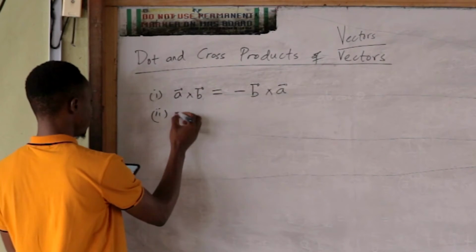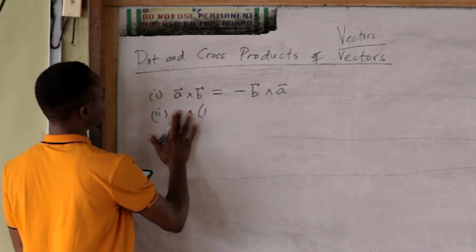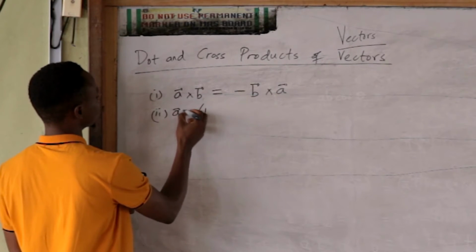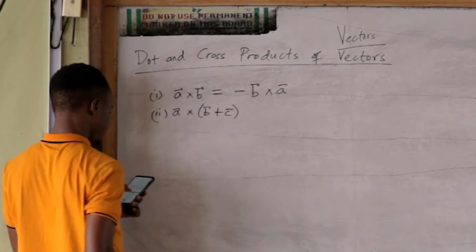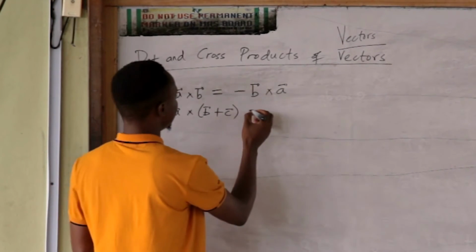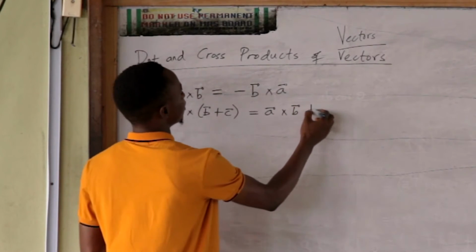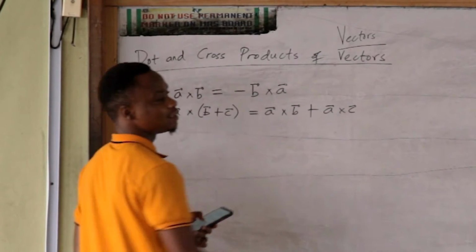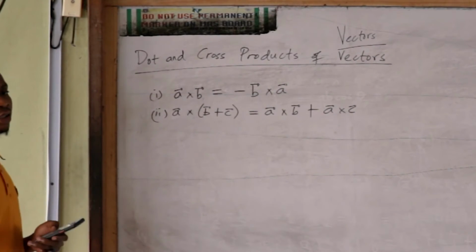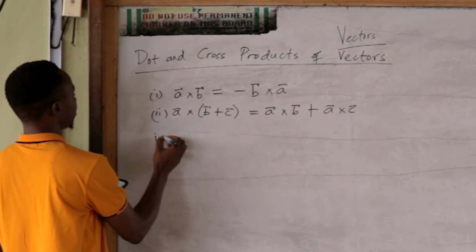And number 2: A cross (B plus C) equals A cross B plus A cross C. That means it is distributive over addition, just like the dot product is distributive over addition.